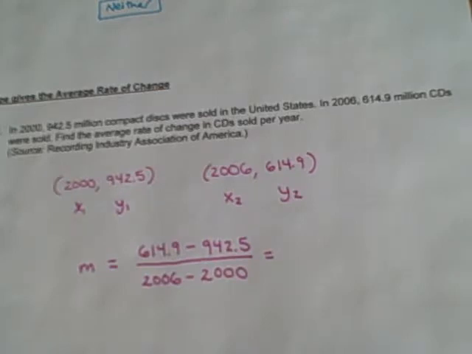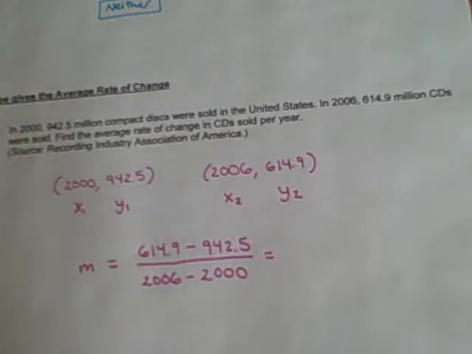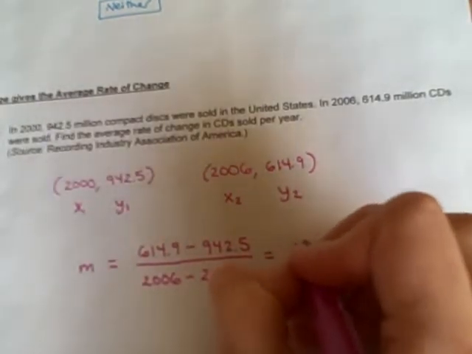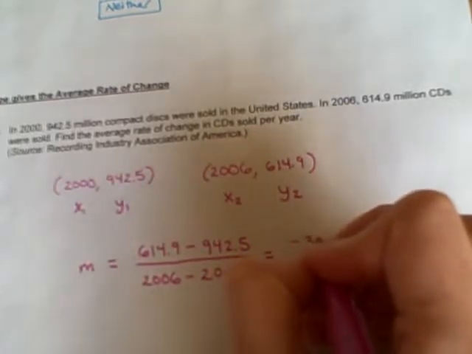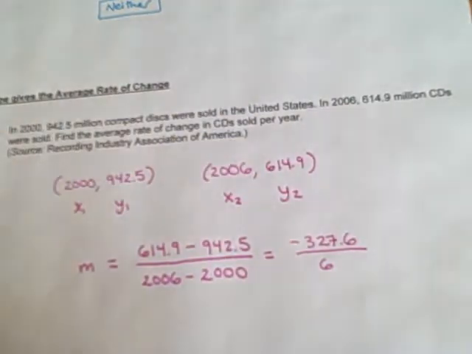So if you plug that into your calculator, you should end up with negative 327.6 on the top and a 6 on the bottom.